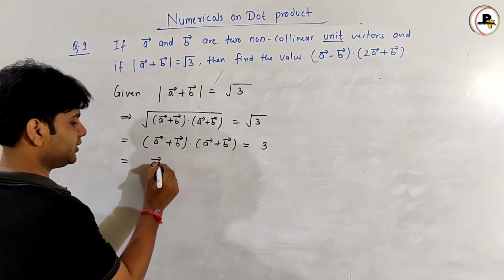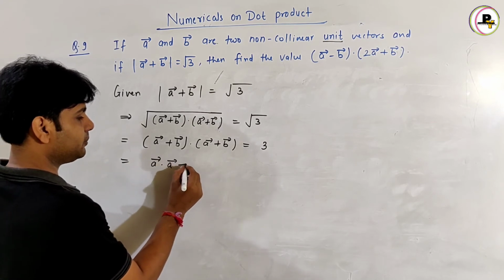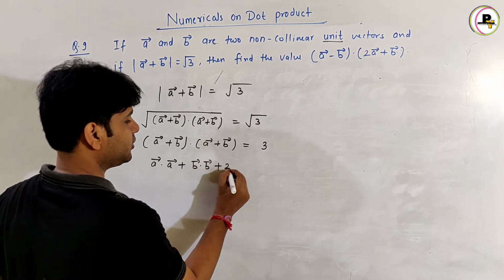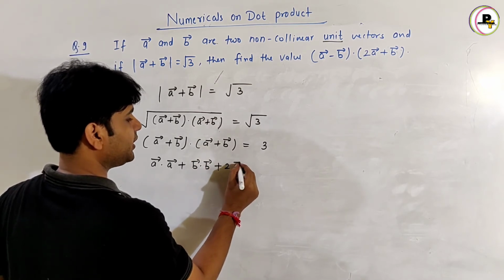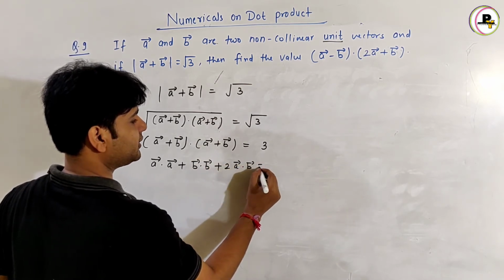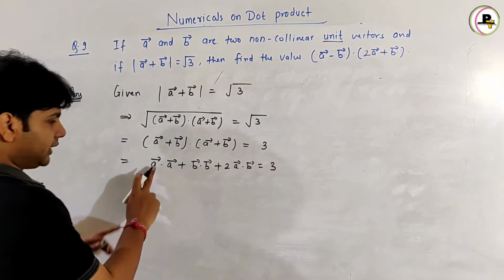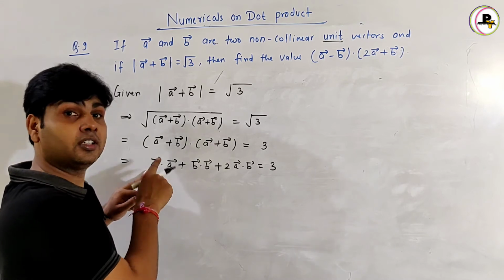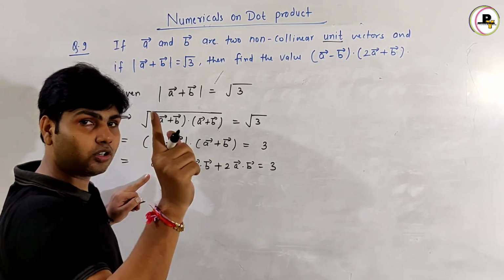It is A vector dot A vector plus B vector dot B vector plus 2 A vector dot B vector, and this is equal to what? 3. As A vector is a unit vector, the dot product of a unit vector with itself is always equal to 1.